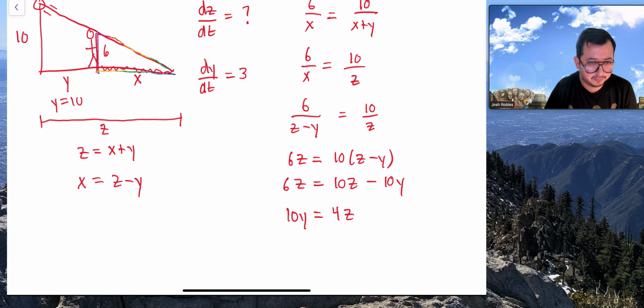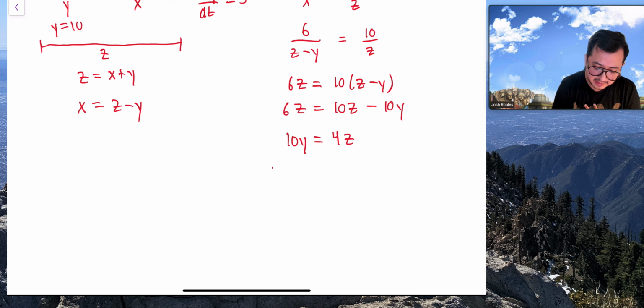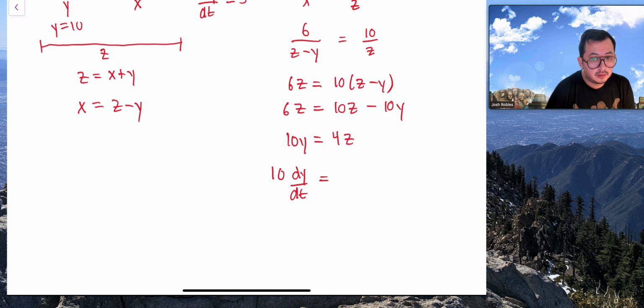So I think I'll take a derivative here, of both sides. 10 is just a constant, so that'll factor out. The derivative of y is just 1, but it's a function of t, so 1 dy/dt, which is just dy/dt. And same thing on the right-hand side, the derivative of the 4z, 4 factors out.